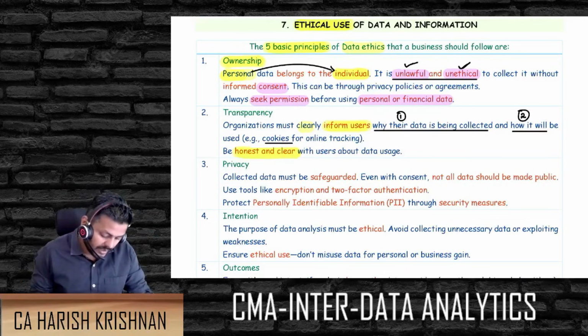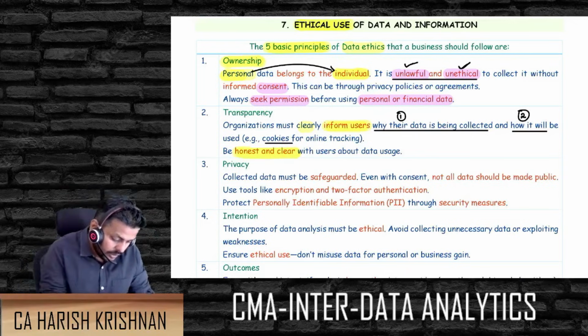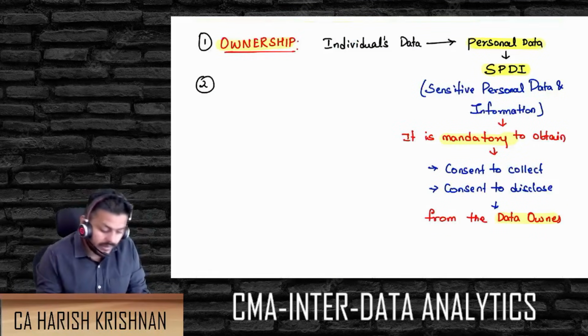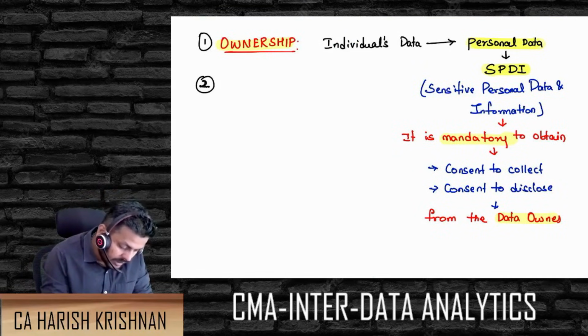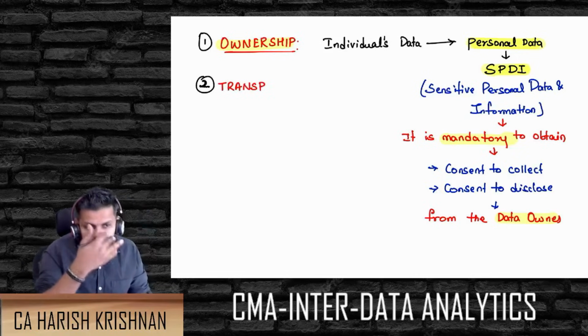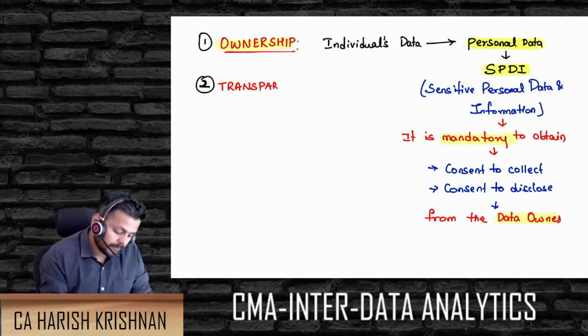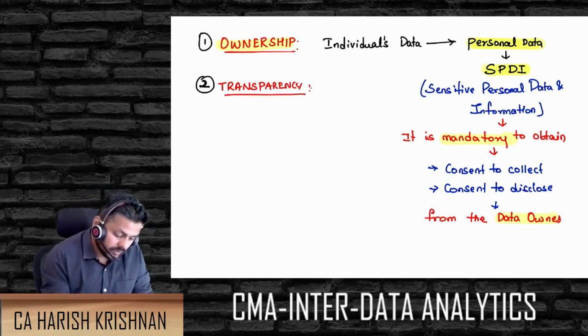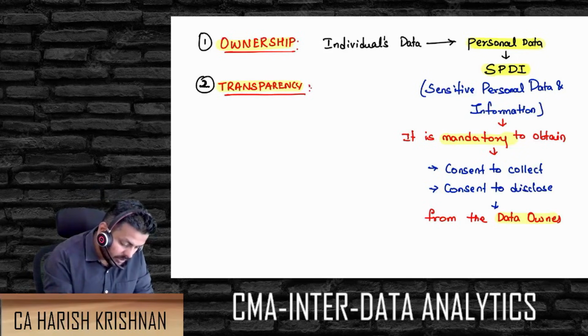The second factor, what is it, guys? Transparency. Under which there are dual questions. What are the two questions under transparency? When we are talking about transparency, we are answering a set of dual questions.